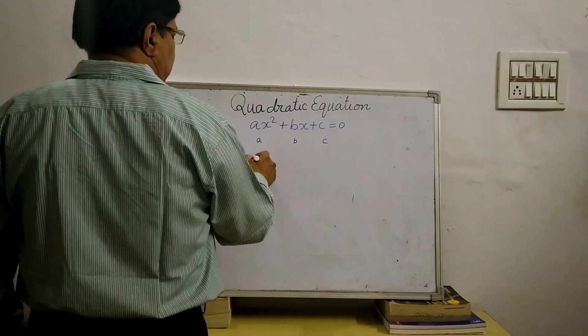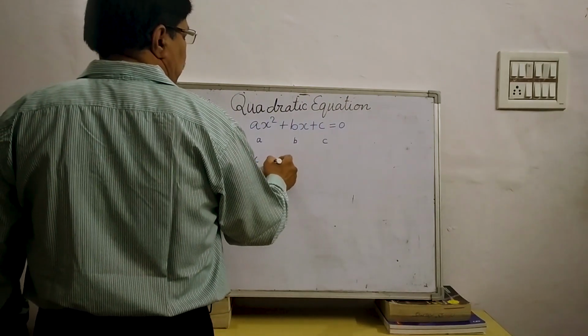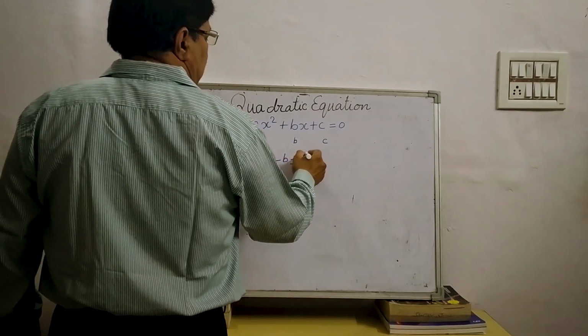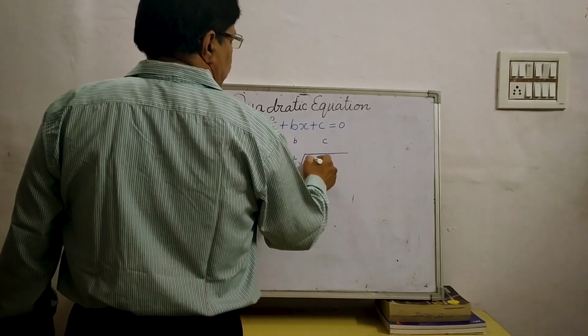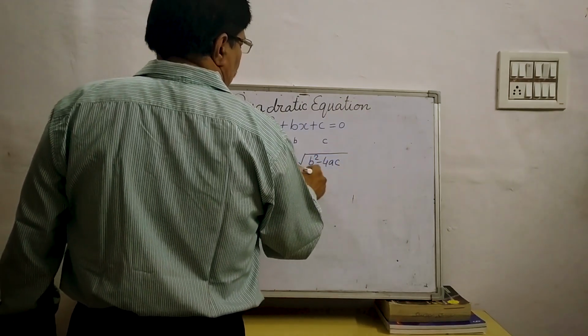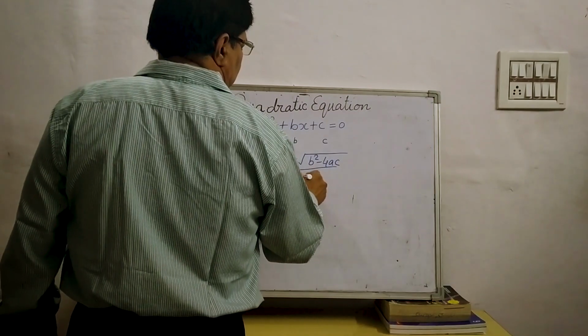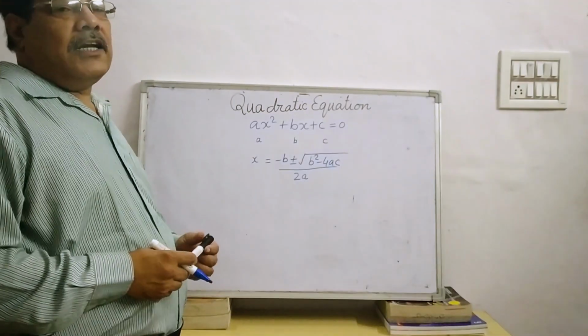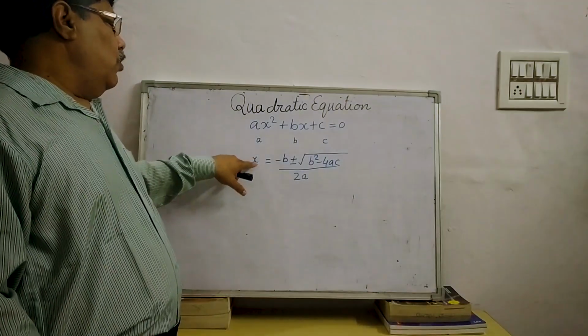So the value of x will be found by this formula: x = (-b ± √(b² - 4ac)) / 2a. This is the formula given by Sridharacharya to solve for x.